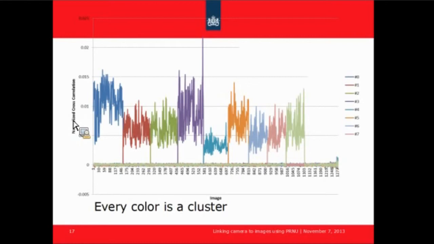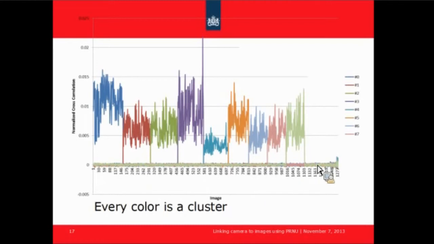When it belongs to the cluster, you will see a somewhat higher result, somewhere around 0.005, and on the bottom you can see when it doesn't belong to the cluster, it will be somewhere around 0.